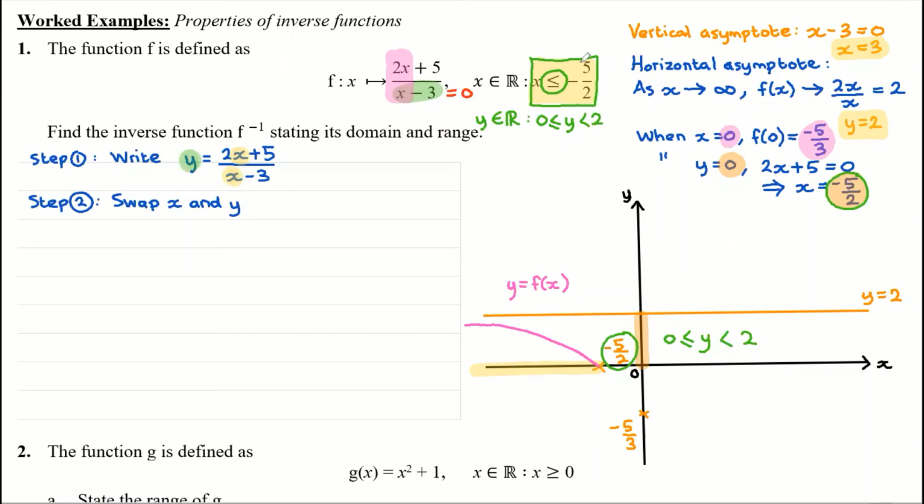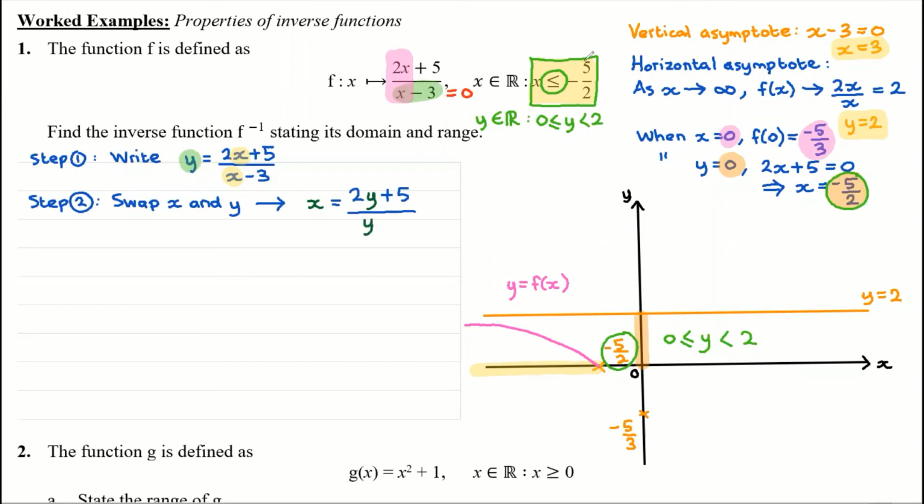So we're going to rewrite the function now. That's going to give us x is equal to 2y plus 5 over y subtract 3.